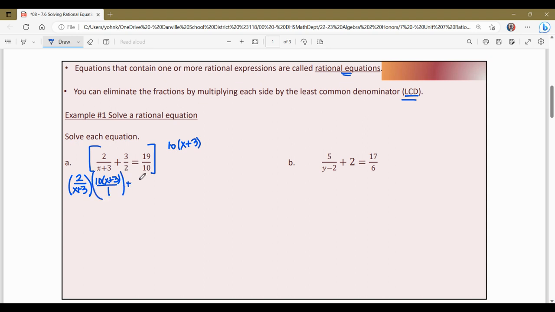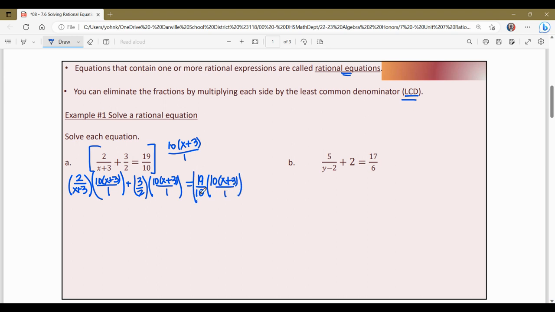Then I'm going to take the middle fraction, 3 over 2, and multiply by 10 times x plus 3. I'm going to put it over 1 just so I can have a top and a bottom to look at. Then I'm going to take the last fraction, 19 tenths, and multiply it by 10 times x plus 3 over 1.